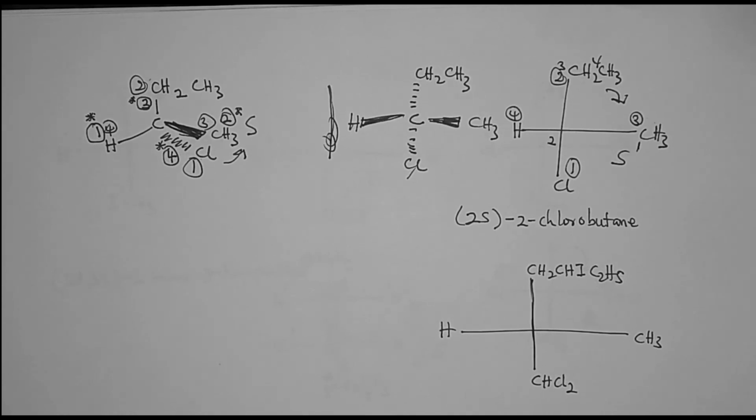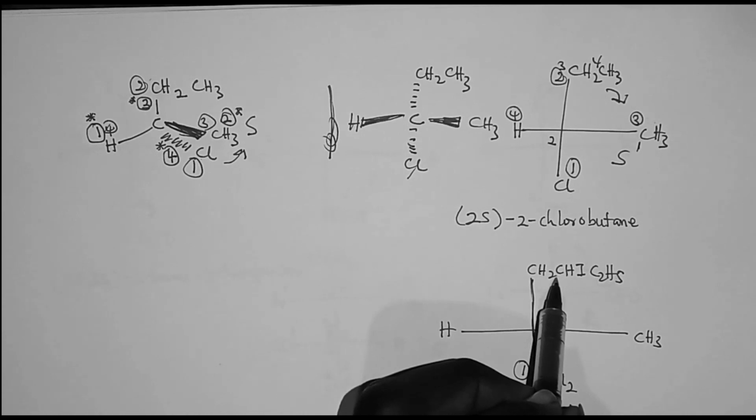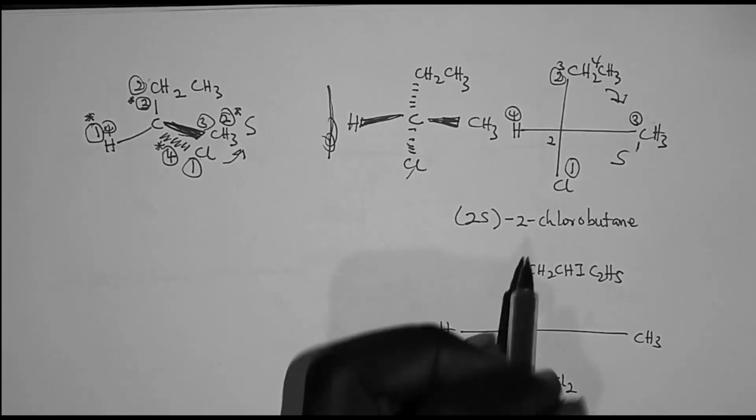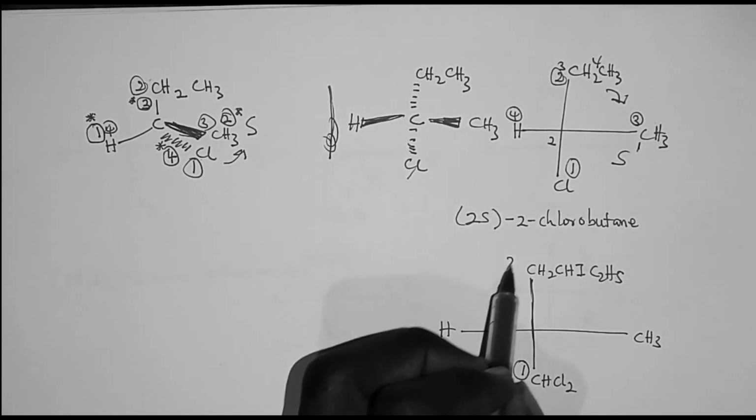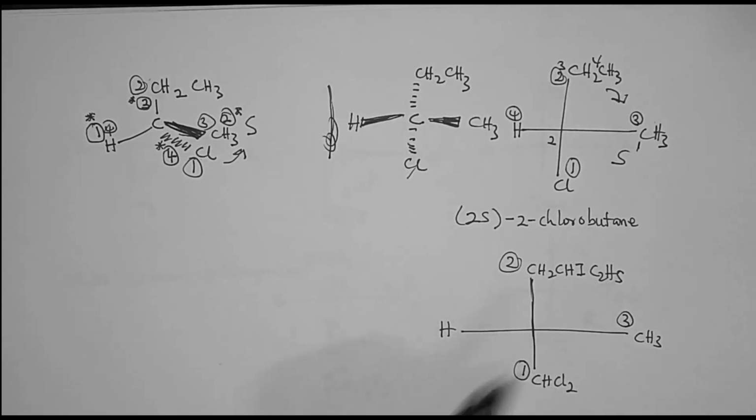So let's consider this molecule. Let's determine its configuration and possibly try naming the molecule. So you see that in this case, this is CHCl2. And therefore, here is number 1. And then this is CH2, then C. Here is number 2, and this is number 3.